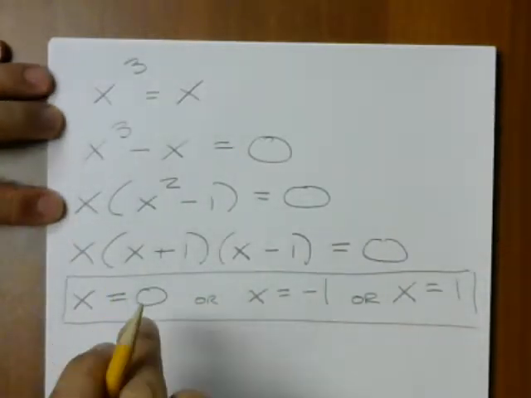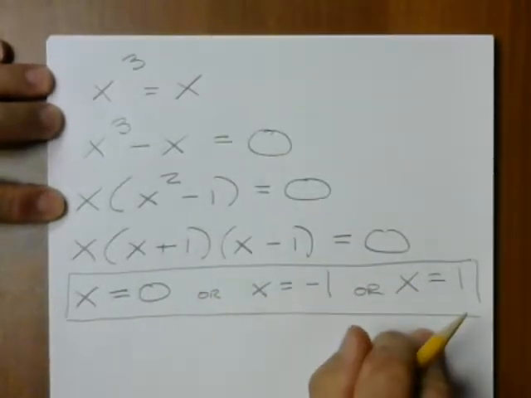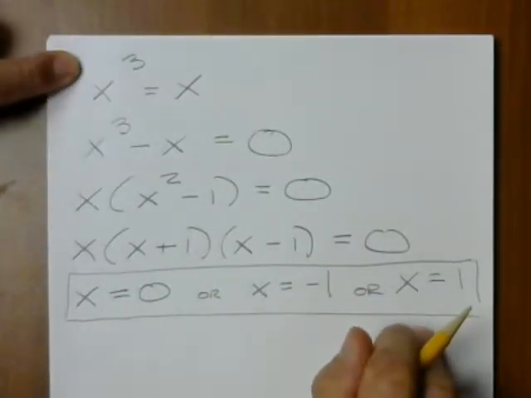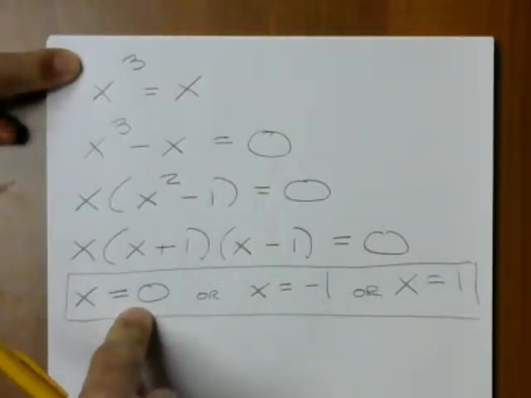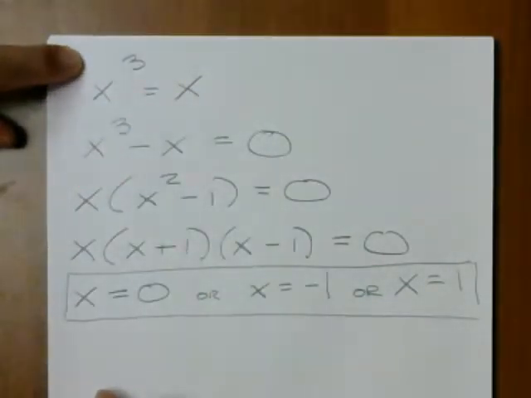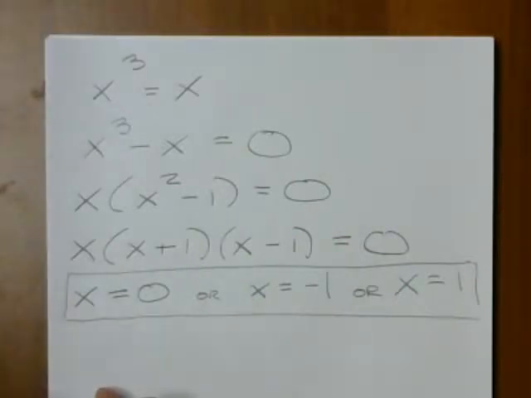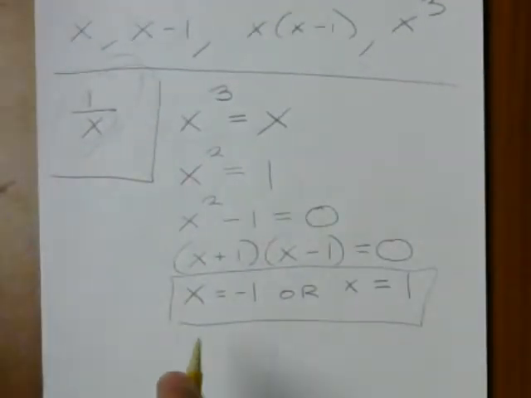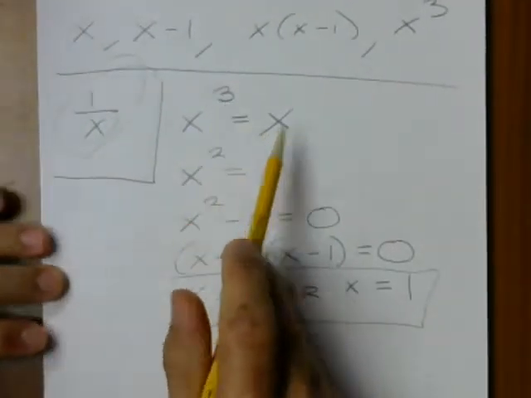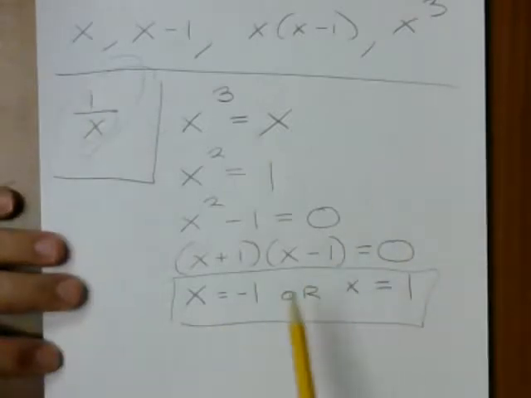Okay, so how many solutions? 3. Do they all work? Absolutely. We checked these two before, but now we have x equals 0, which also works, because 0 is equal to 0. So look at what happened last time. We had x cubed equals x, same problem, and we only got 2 of the solutions.